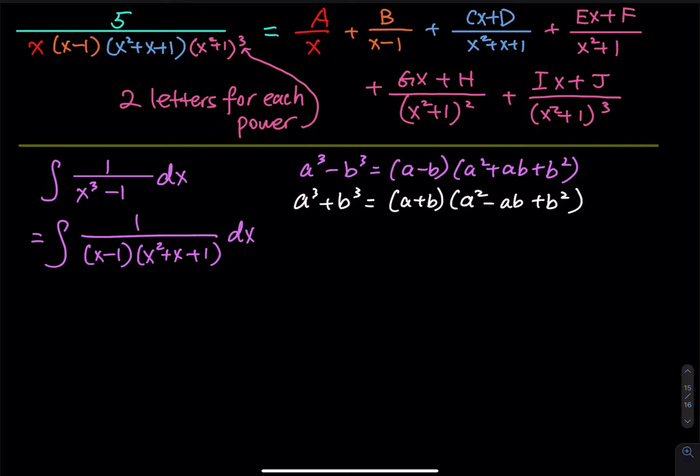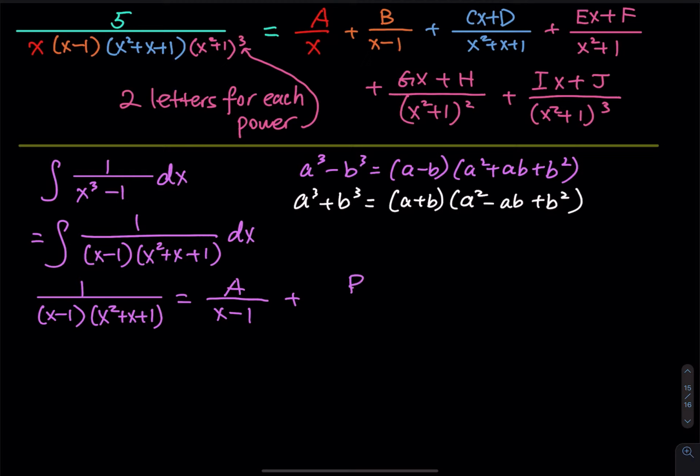And then we do the partial fraction: 1 divided by (x minus 1)(x squared plus x plus 1) equals A divided by the linear factor, one letter only, plus Bx plus C divided by x squared plus x plus 1.